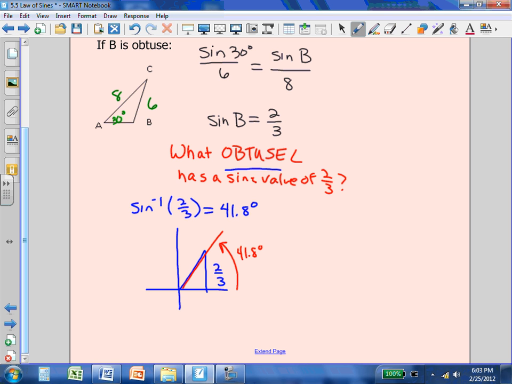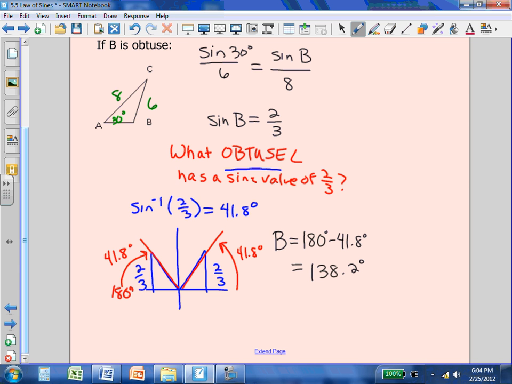Well, over in the second quadrant, you can also find a sine value of positive 2/3, and it would simply be 41.8 degrees less than 180 degrees. So this time we're going to say that angle B is 180 minus that 41.8 degrees we had originally, which tells us that B is 138.2 degrees.